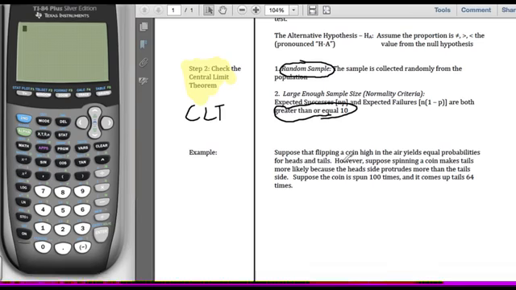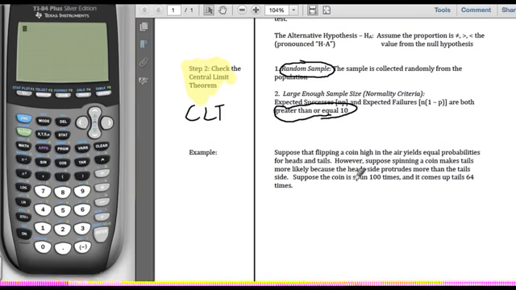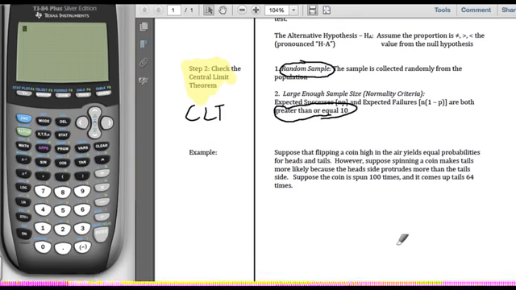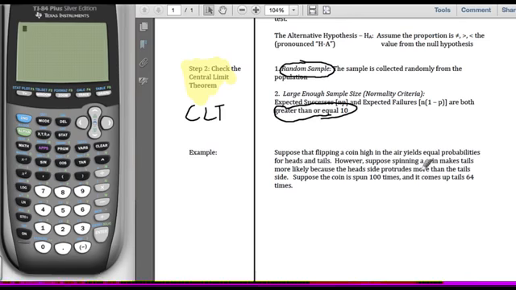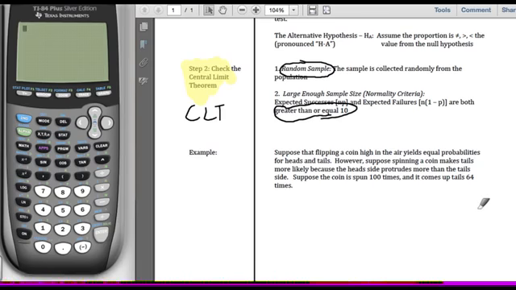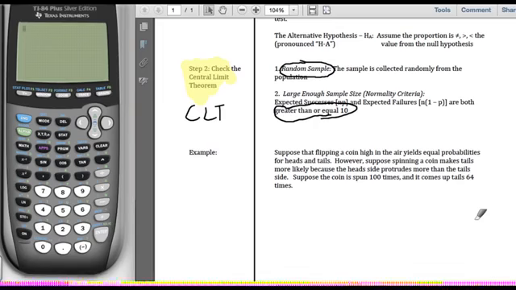So for an example to walk through these first 2 steps, it says suppose that flipping a coin high in the air yields equal probabilities for heads and tails. However, suppose that spinning a coin makes tails more likely because the head side protrudes more than the tail side. So instead of flipping the coin high into the air, it's like we're spinning it on a table.